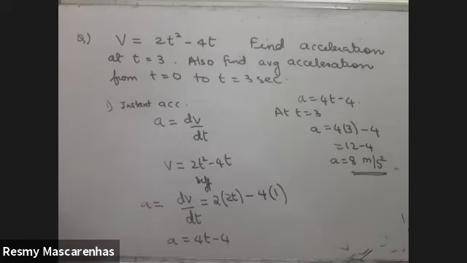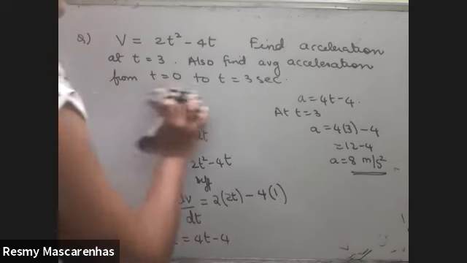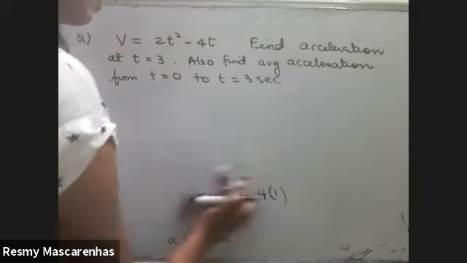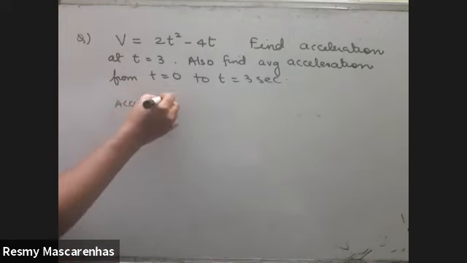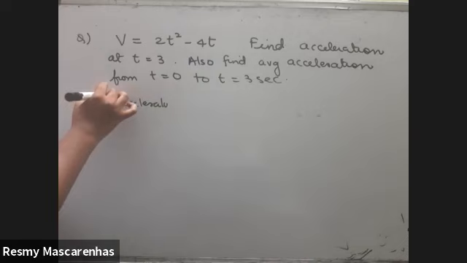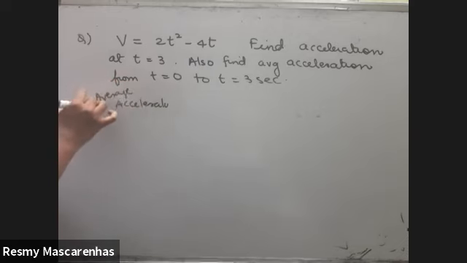Once you find the instant, then go for the average. Average will not be the same formula. Average will be the other one, delta V upon delta T. This is the average one I'm finding, the second part.